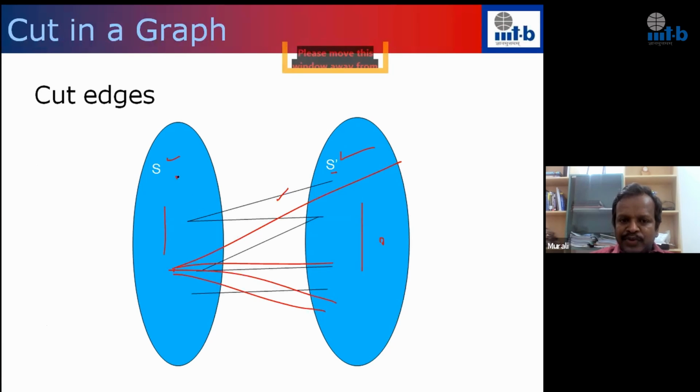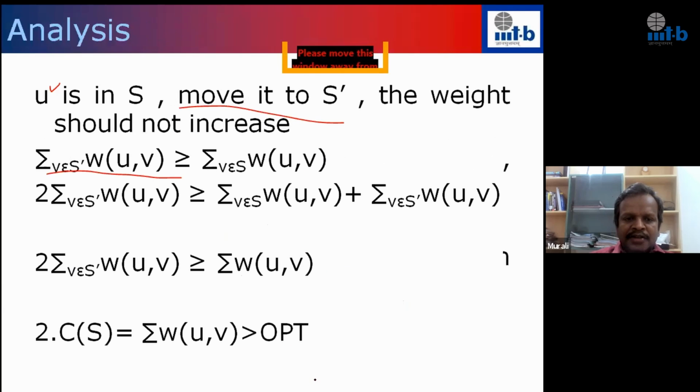Now if I move this vertex to the other side, there will be some other edges which will become cut edges, where the other endpoint is in S. So this is before moving the vertex. U is in S, so you look at all the vertices which are in S dash and take the sum of that.